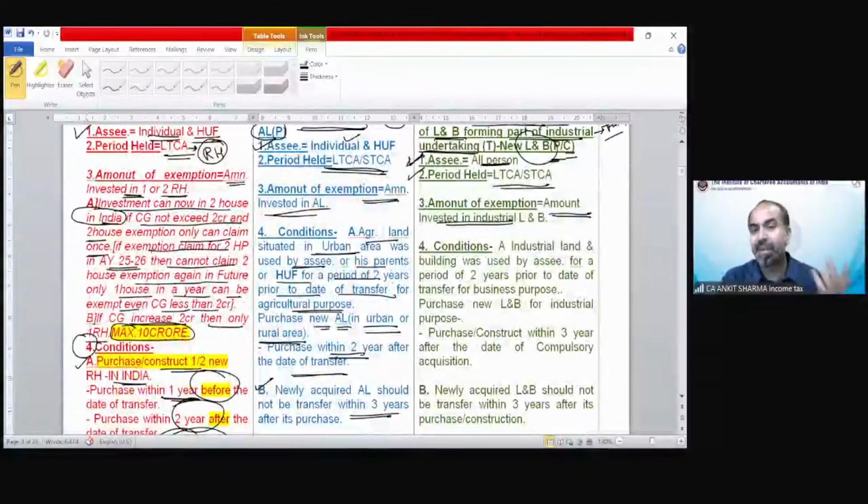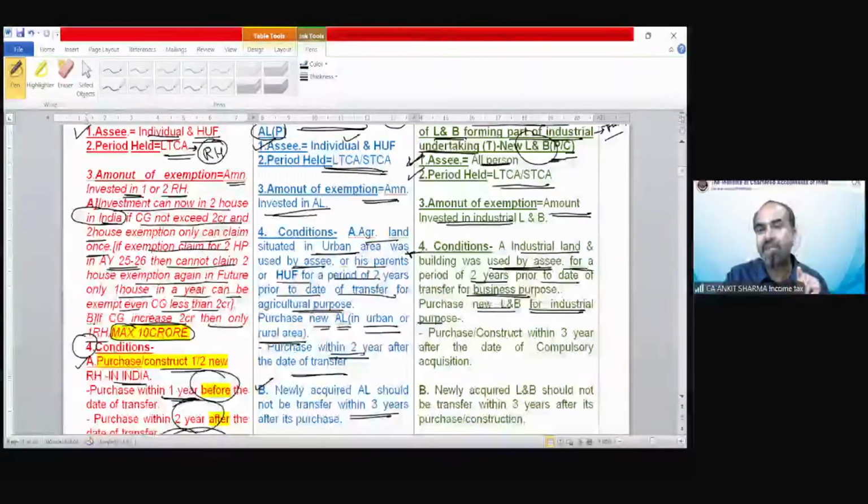Condition exactly same like agricultural land, that your factory should be running at least for 2 years from the date of compulsory acquisition. Industrial land and building was used by assessee for a period of 2 years prior to the transfer of business purpose. Purchase new land and building for industrial purpose, and the time period for purchase and construct is same. Now that is 3 years.